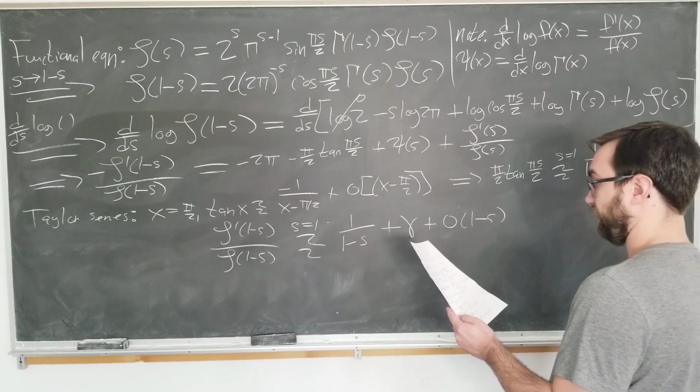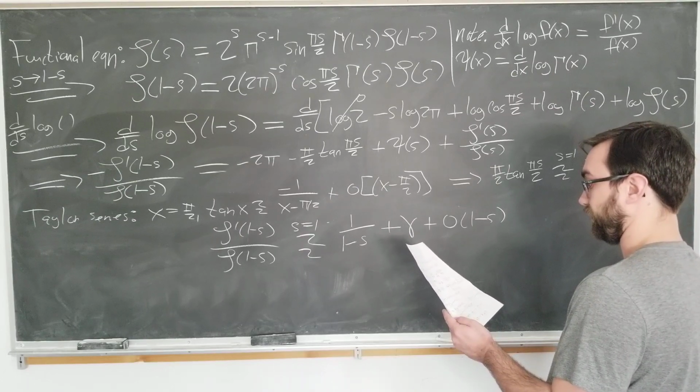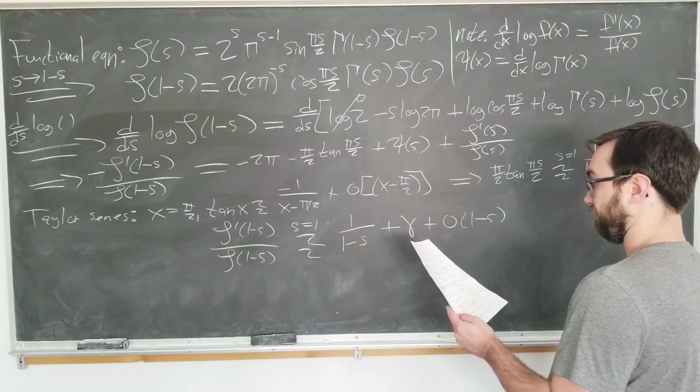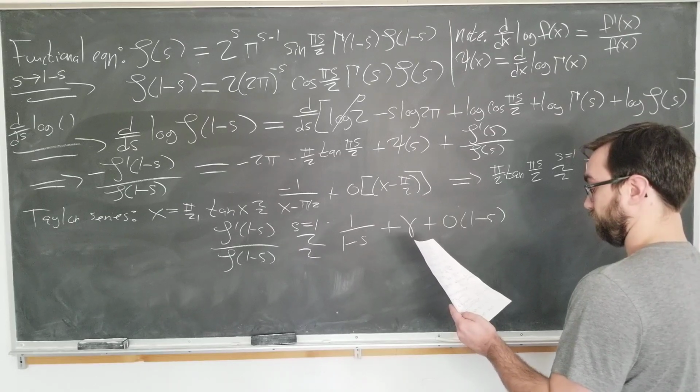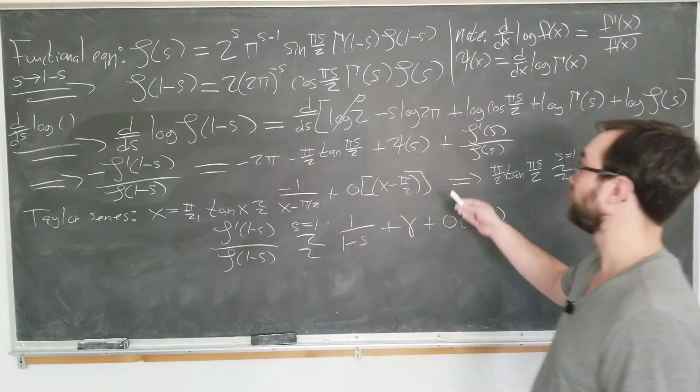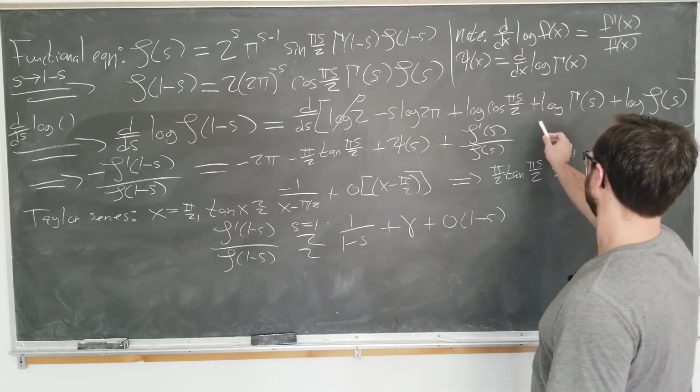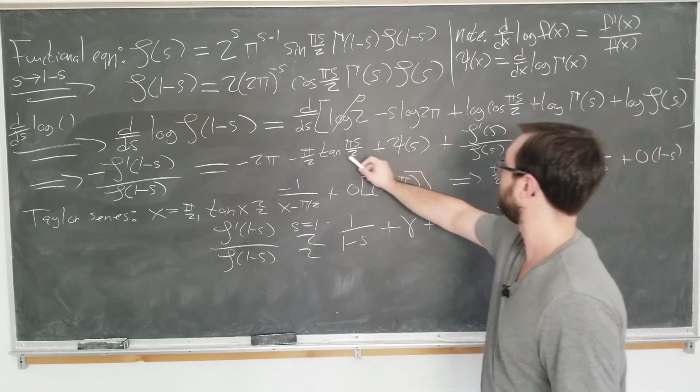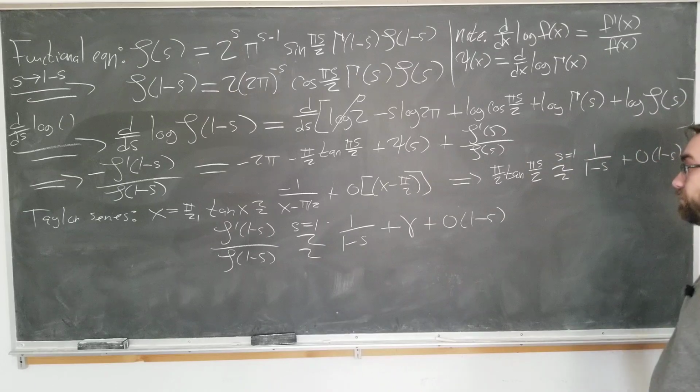I need these to be equal and opposite, so perhaps I made a mistake somewhere. No, I didn't, because there's a minus sign attached to this bad boy here. There's a minus sign, so it's good.